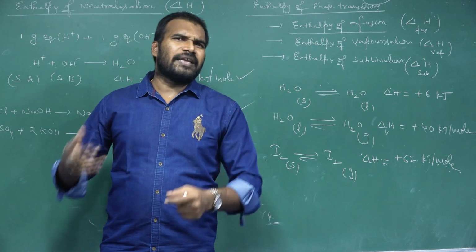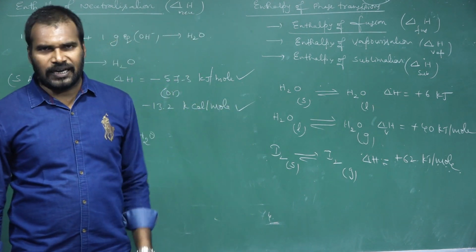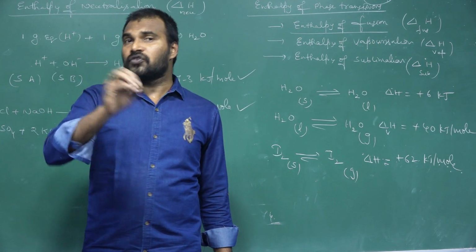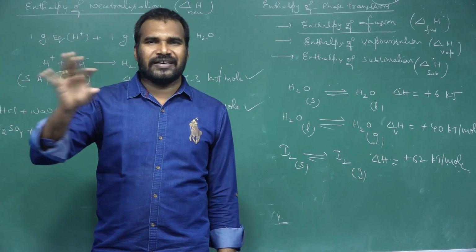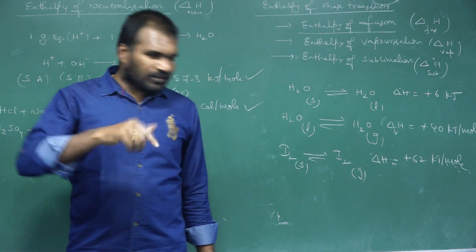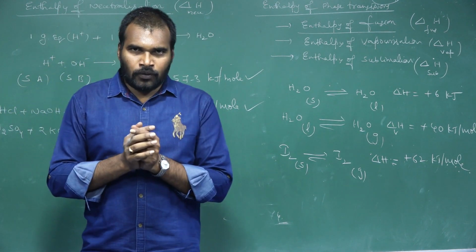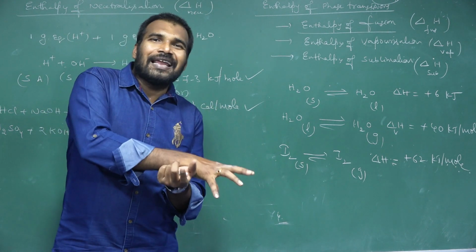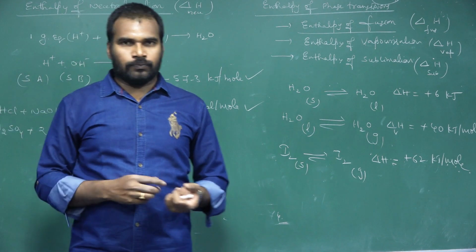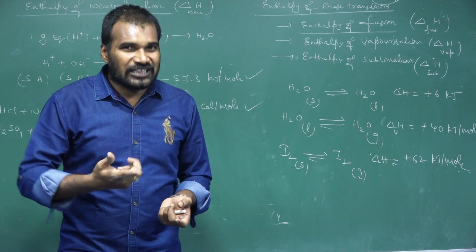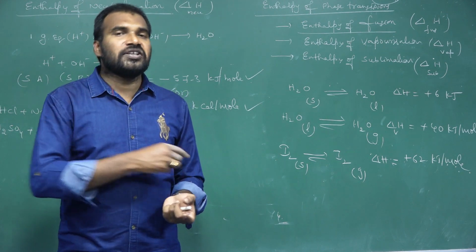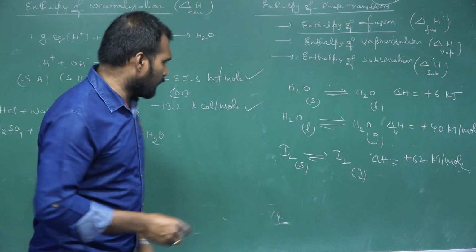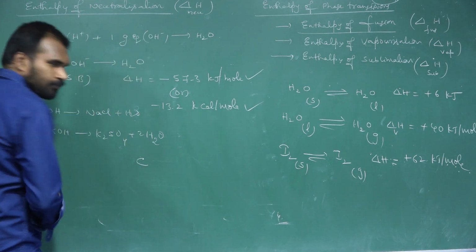But remember that not all elements show allotropic behavior, only a few, such as carbon, phosphorus, sulfur, etc. Transition means 1 mole of a substance changing from one allotropic form into another. Whatever the change in enthalpy during this process, we call it enthalpy of transition.